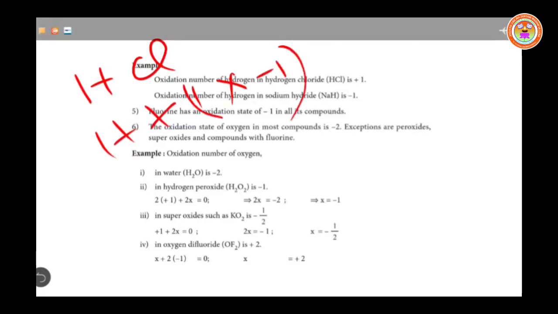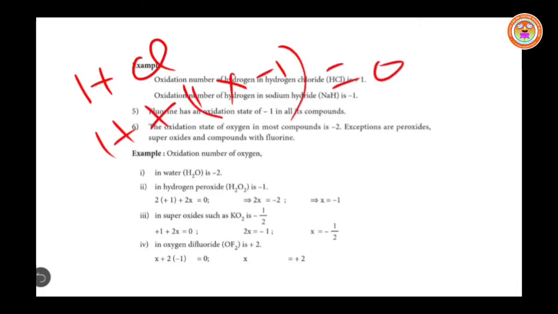So hydrogen plus 1 into minus 1 is equal to 0. Therefore hydrogen is equal to plus 1. So in all its compounds, the oxidation state of hydrogen is plus 1, except in metal hydrides.